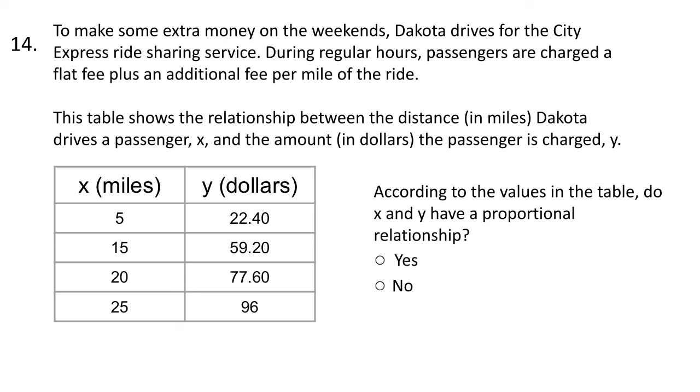In order to determine the proportional relationship, we need to be identifying whether or not K is present in the graph by using the ratio Y over X. So starting with our first pairing of numbers of $22.40 per 5 miles, if we divide this, we get 4.48.